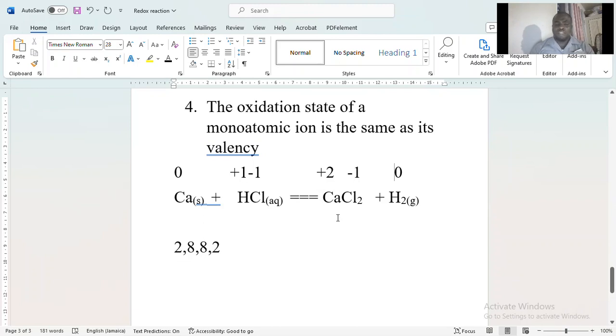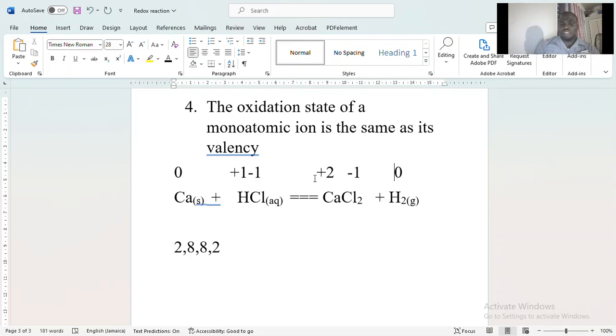But wait, we don't have to stop there. The calcium oxidation state increased. It moved from a 0 to a +2. What is the concept of an increase in oxidation number?